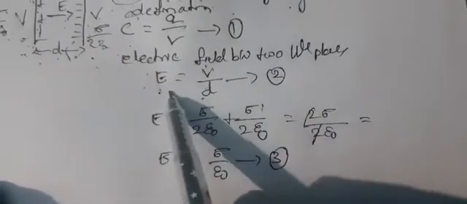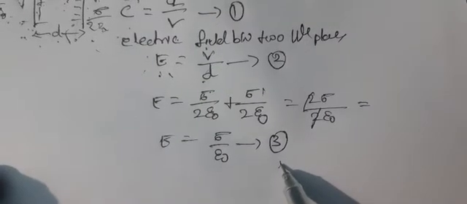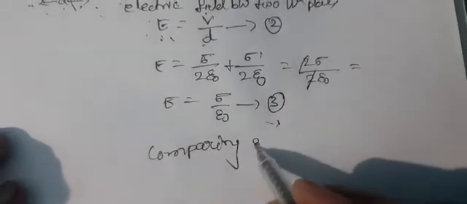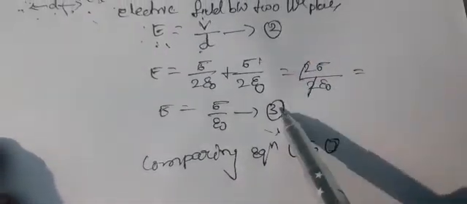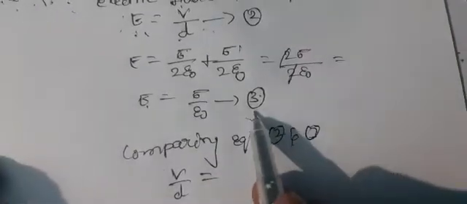Equation number 2 is the electric field, and equation number 3 is also the electric field. Comparing equations 2 and 3, the electric field on both sides gets cancelled. Writing the right-hand side, V by d is equal to sigma by epsilon naught.